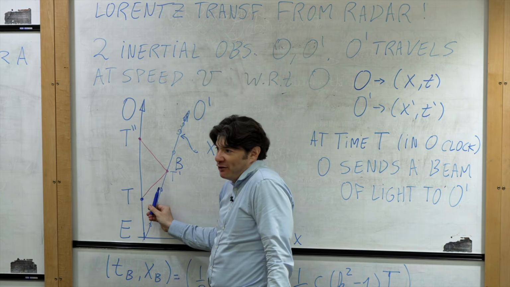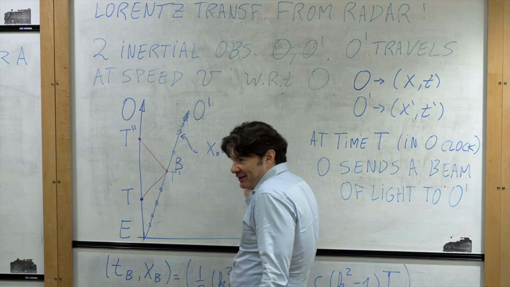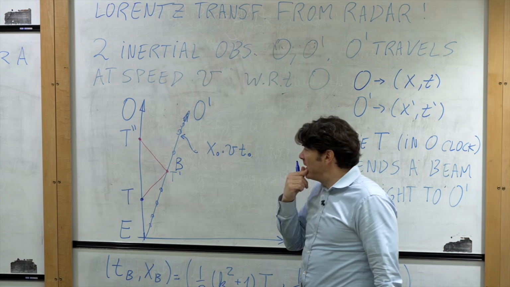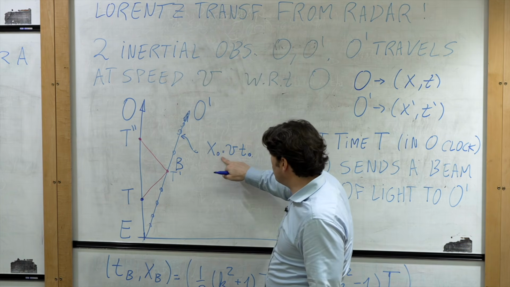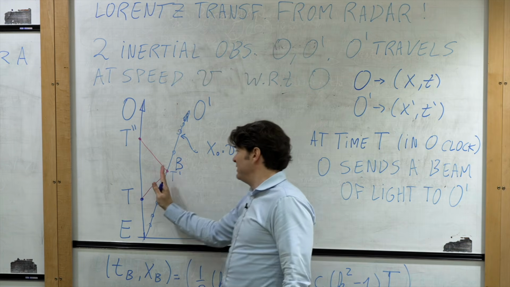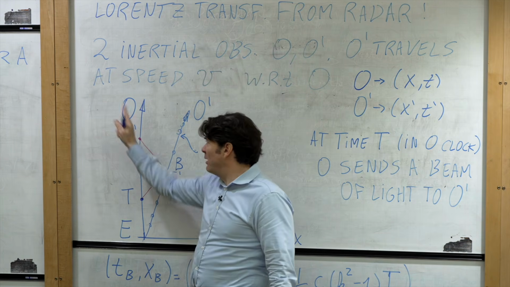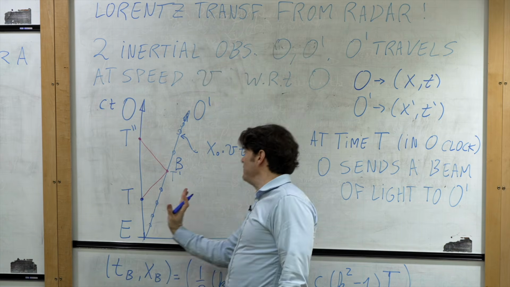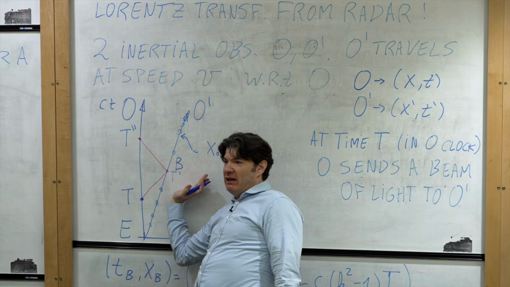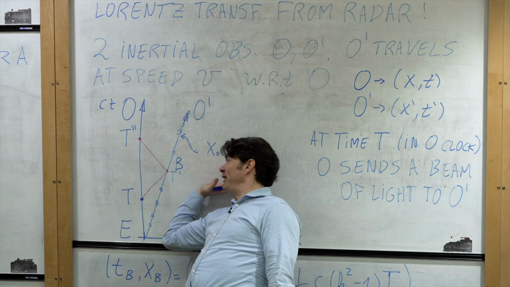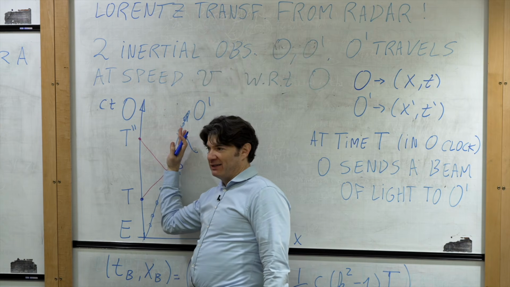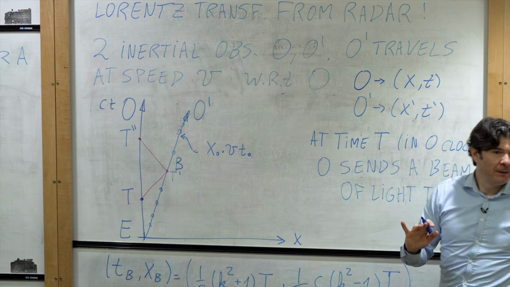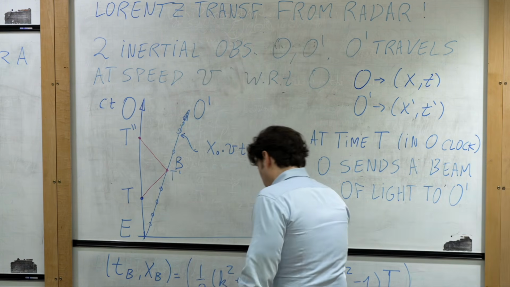And the equation is x equals vt. So if you said, for instance, x equals ct, this would be 45 degrees in our conventions, and this would be something moving at the speed of light. If v is smaller than the speed of light, you just get a straight line doing like this. Is that okay? Very nice.